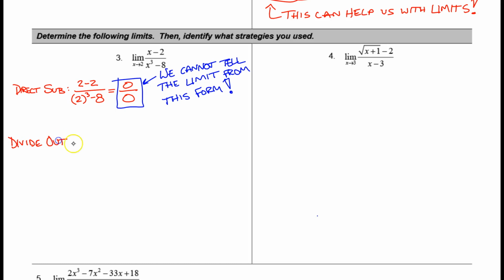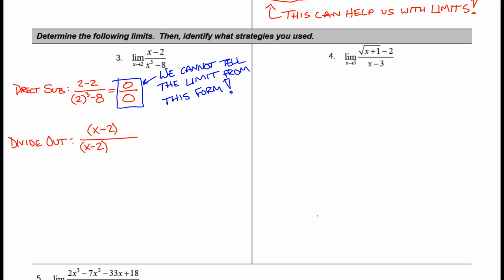And I know this. If I plug in 2 to my denominator and I get 0, that means x minus 2 has to be a factor of my denominator. So x cubed minus 8 is going to factor into x minus 2 times something else.